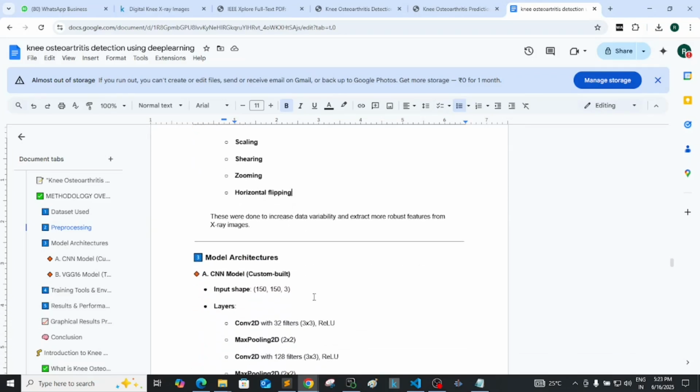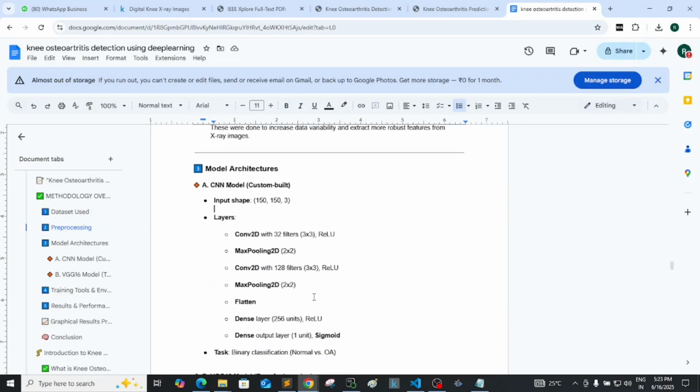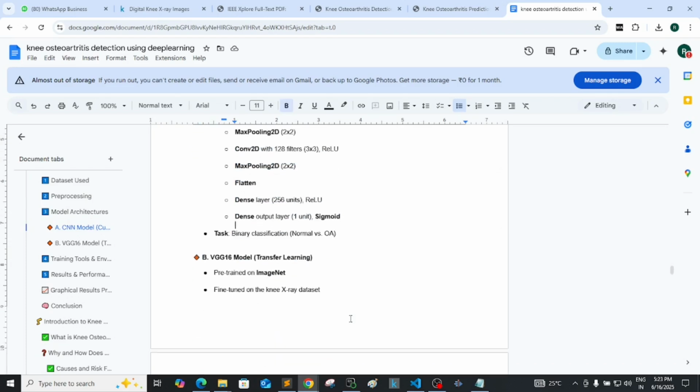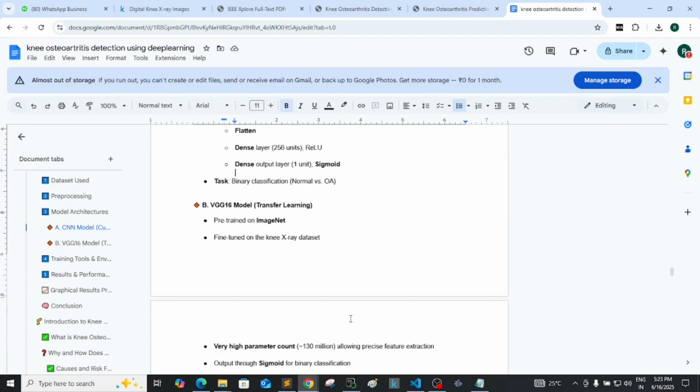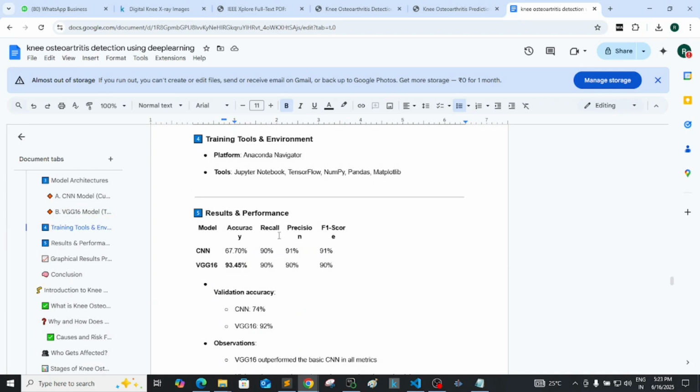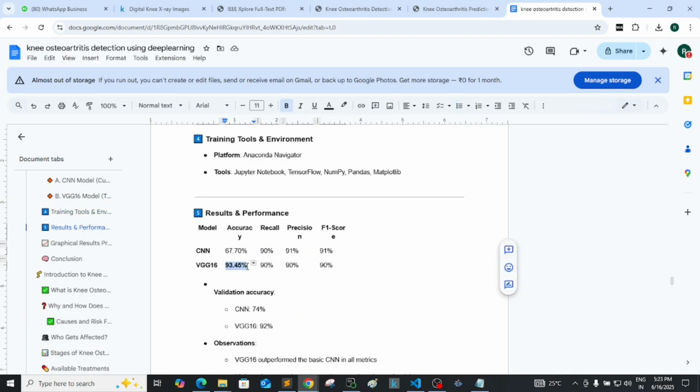And when it comes to model building, as I mentioned earlier, this paper is using 2 models. One is a custom CNN, their own model with all these layers. And they are using VGG16, which is already a pre-trained model on the ImageNet dataset. When they train, they are getting 93.45 on binary classes, 2 classes, not multi-class.